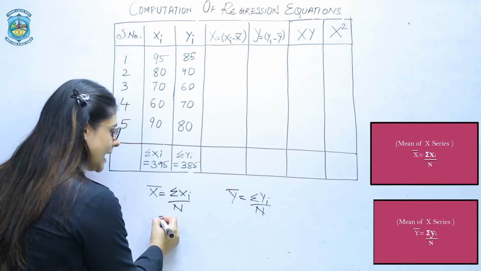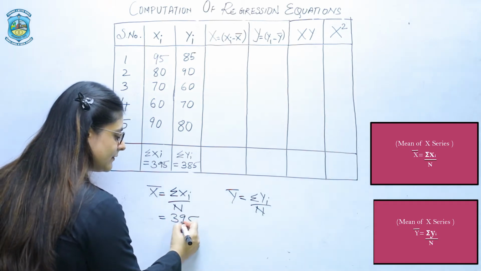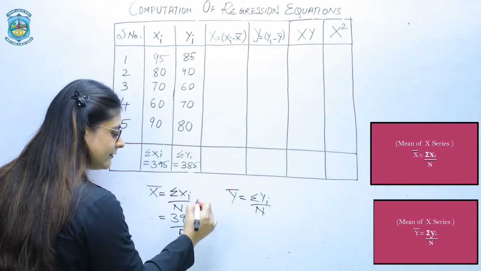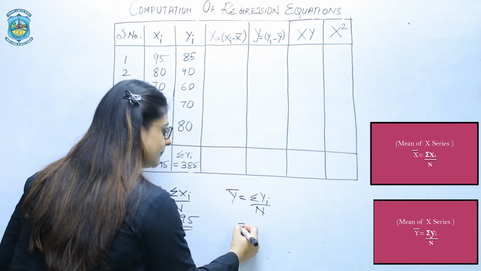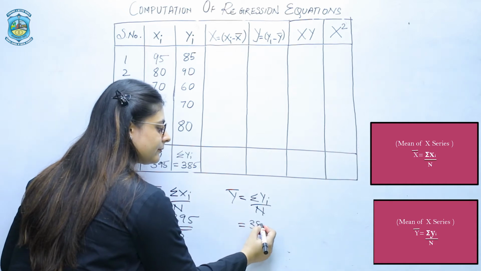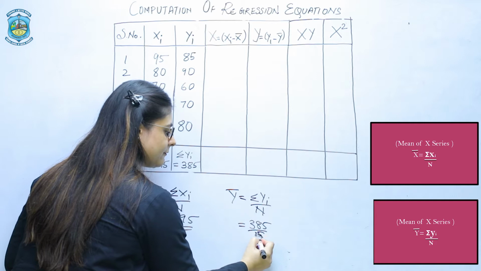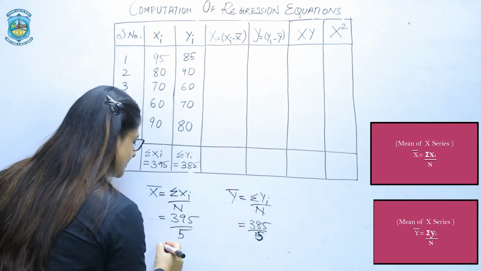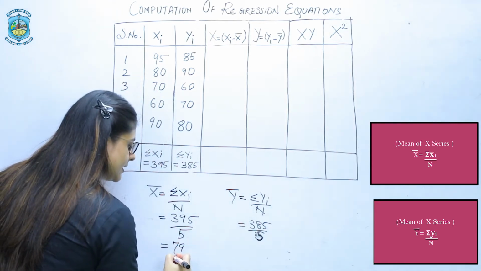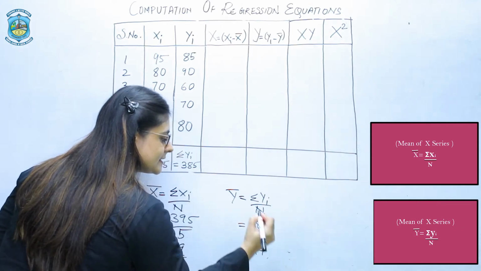So the calculation goes as 395 divided by n, that is 5, and 385 divided by 5. Here the answers are 79 and 77.